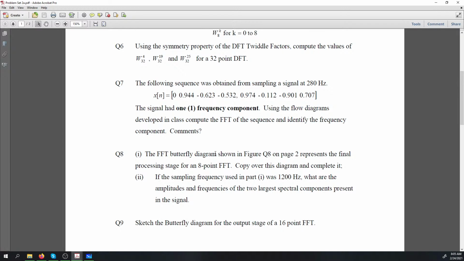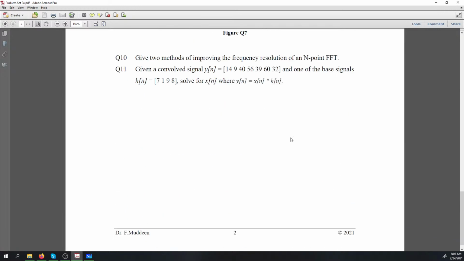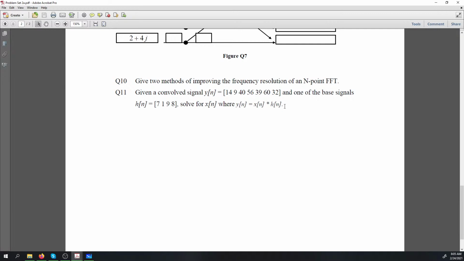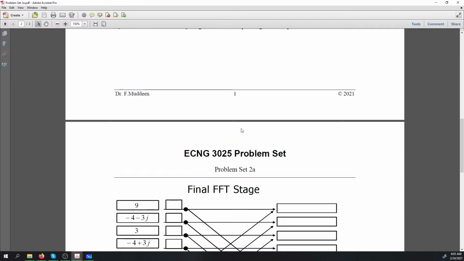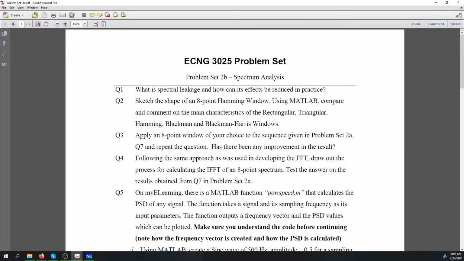The other two questions that were requested were question 8 and question 9, and I believe in Monday's session I did the deconvolution process, which was question 11. So we'll start with question 8 and then do question 9 for this problem set, and then for problem set 2B, we got requests for question 2, question 3, and question 4.